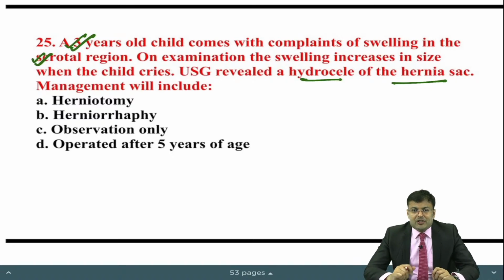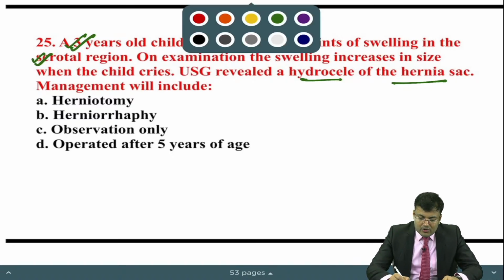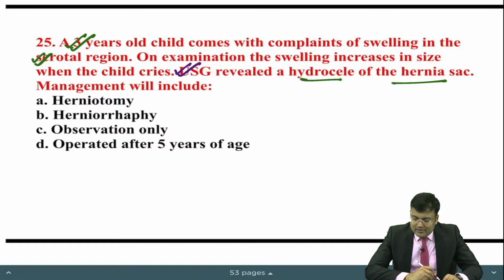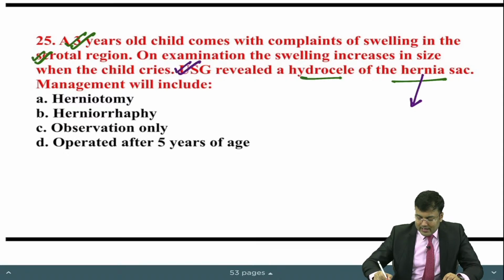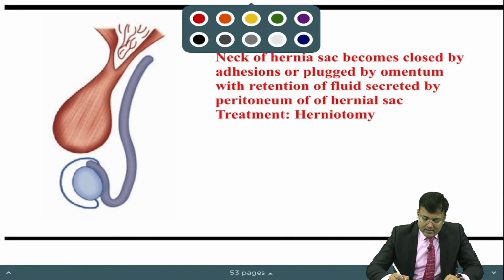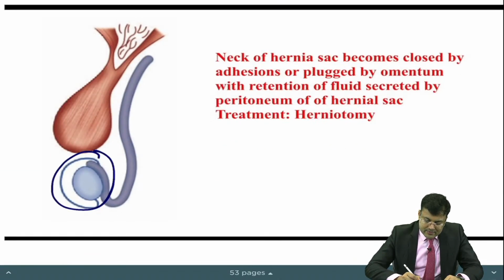It is already mentioned. If you see the ultrasound, it says that there is hydrocele of hernia sac. It means this patient is actually having hernia. And when there is hydrocele in the hernia sac, see the diagram. Here you can see this is the testis and this is the hernia sac.